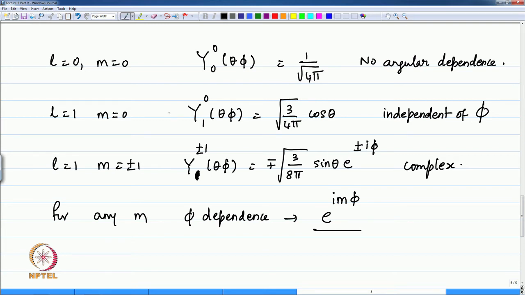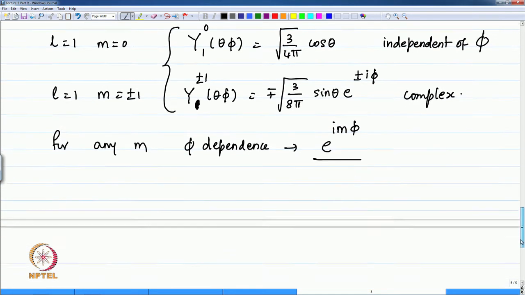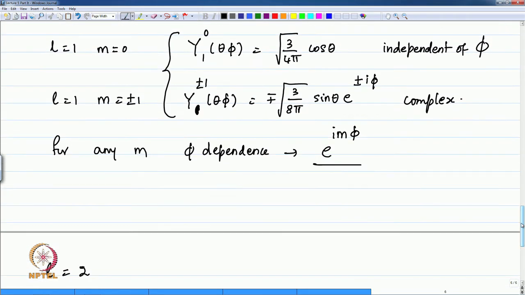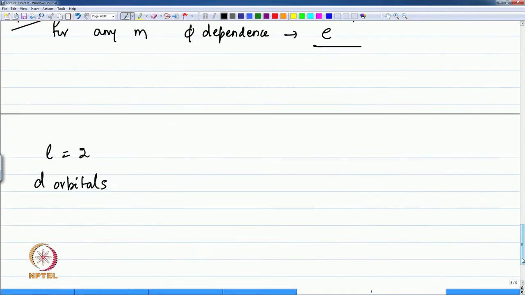Therefore, these are what are called the spherical harmonics for the p orbital, and what are the values for L equal to 2, which are known as the d orbitals. All three of these are p orbitals, and these are the 5 d orbitals.